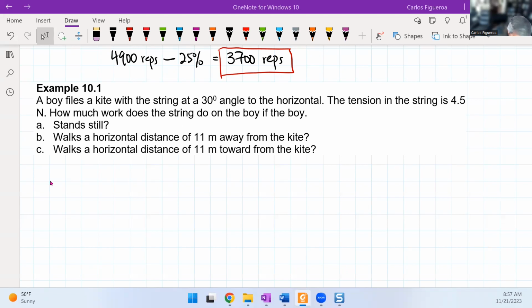So the first thing that I'm going to do here is look at what's going on. If I look at A, what we're seeing here is that the boy is stationary.